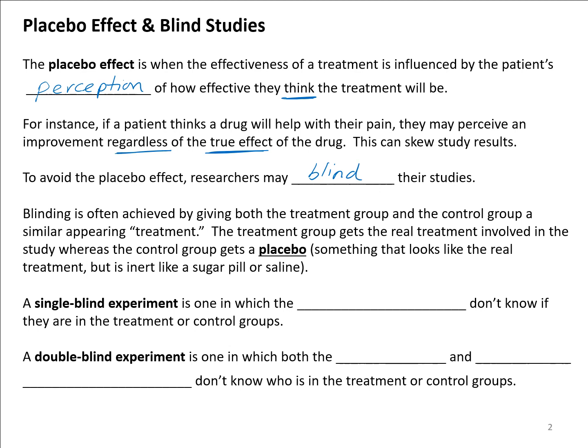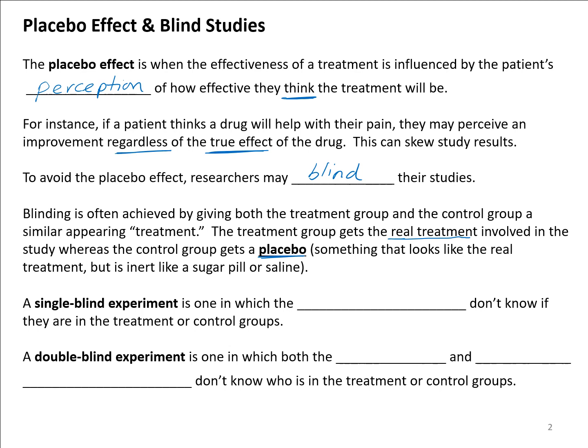Now, what do we mean by blind? Well, blinding is often achieved by giving both the treatment group and the control group a similar appearing treatment. I have treatment in quotes there. The treatment group gets the real treatment involved in the study, whereas the control group gets a placebo. And that would be something that looks like the real treatment, but is inert, like a sugar pill or saline, so it would have no effect.